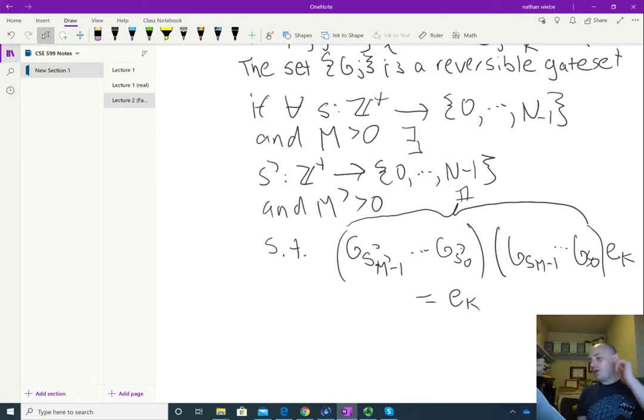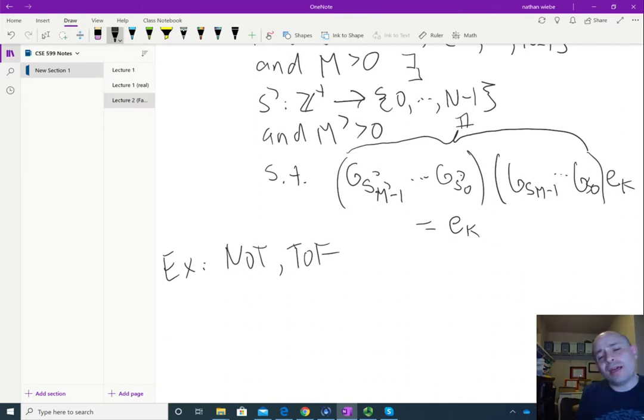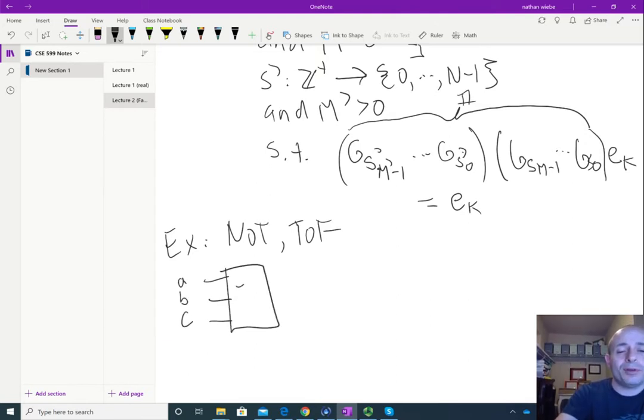So here's an example of this. Let's consider the case of NOT and Toffoli. Okay, so I mentioned last time that NOT and a Toffoli gate are a universal gate set. And again, the idea of the Toffoli gate is it's a reversible AND gate. So we've got three inputs over here, A, B, and C, going into the Toffoli gate.